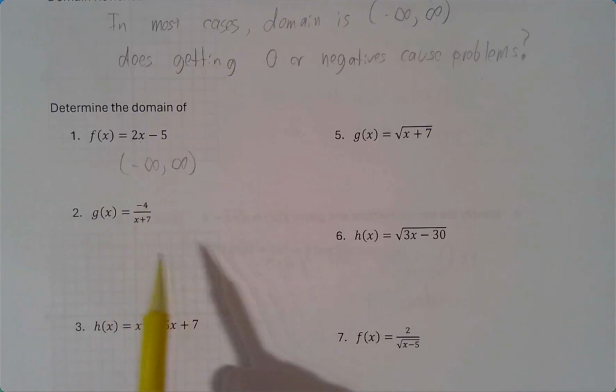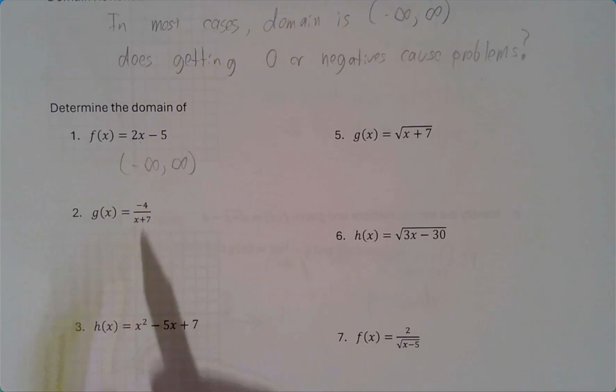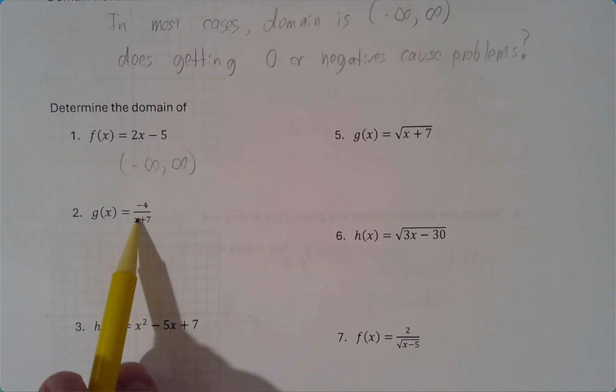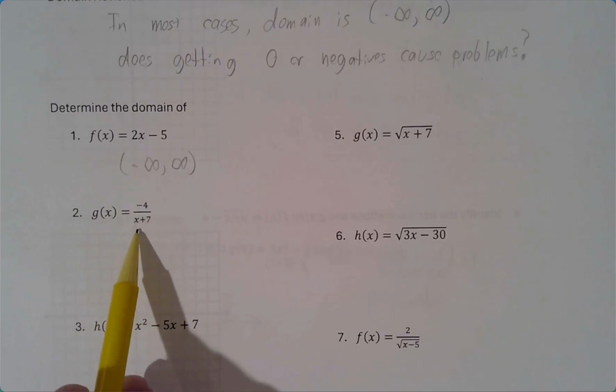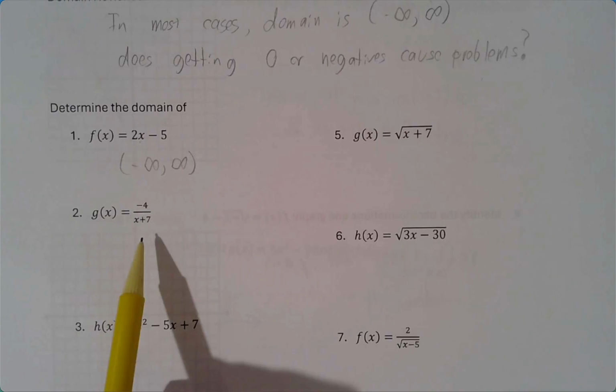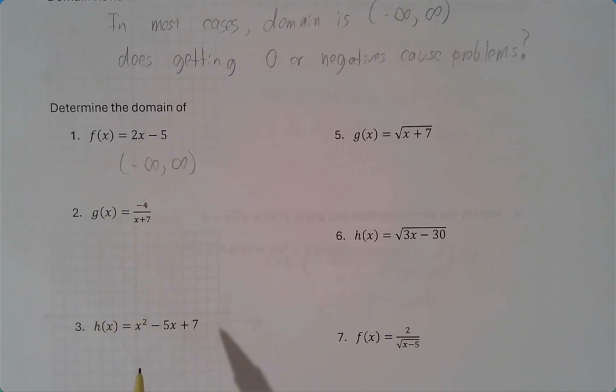Rational means fraction, and look at where your variable is, it's on the bottom. And so the question is, for a fraction, is 0 where the variable would be in the denominator? Would zeros or negatives cause issues? And rather, what I mean is, does getting 0 in the denominator cause an issue? And the answer is yes.